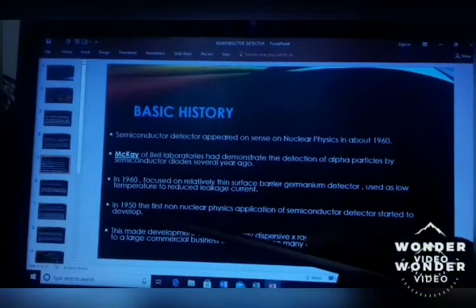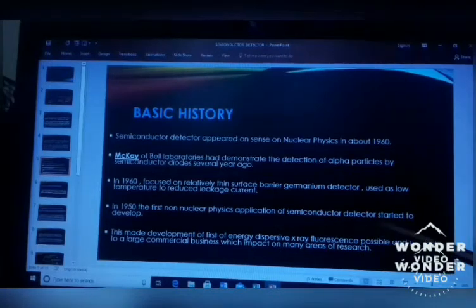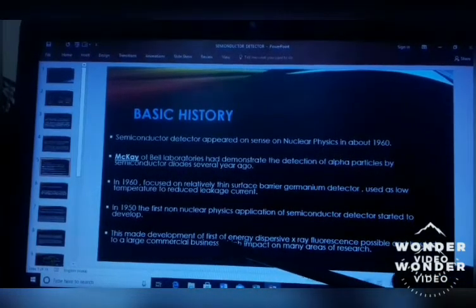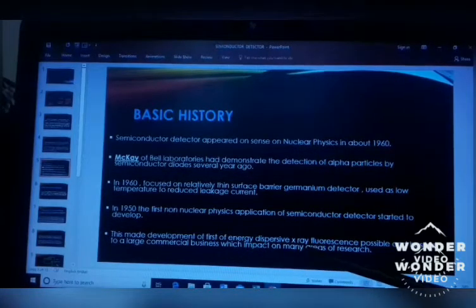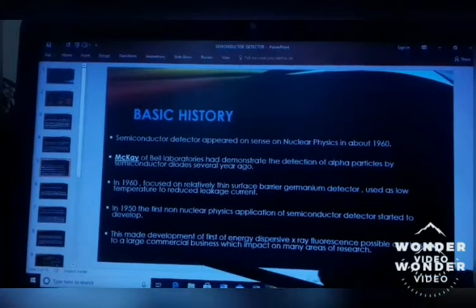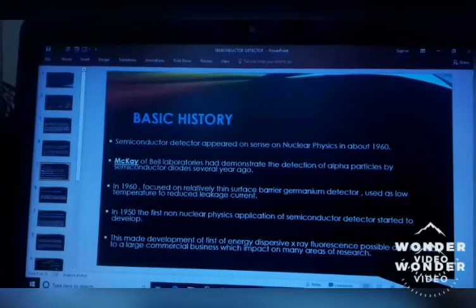In 1950, the first non-nuclear physics applications of semiconductor detectors started to develop. This made the development of energy dispersive X-ray fluorescence possible and has led to a large commercial business which impacts many areas of research.